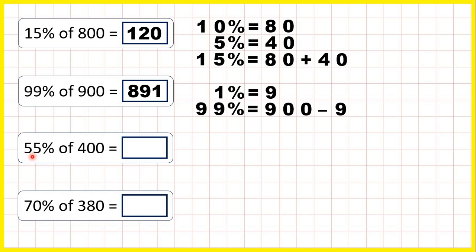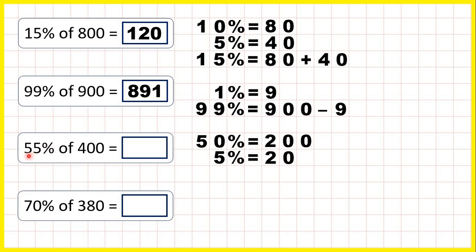Now we need to find 55% of 400. To find 50%, we can divide by 2 or find half of a number, and half of 400 is 200. Now if 50% is 200, then 5% must be 20, because 5% is 1/10 of 50% and 20 is 1/10 of 200.